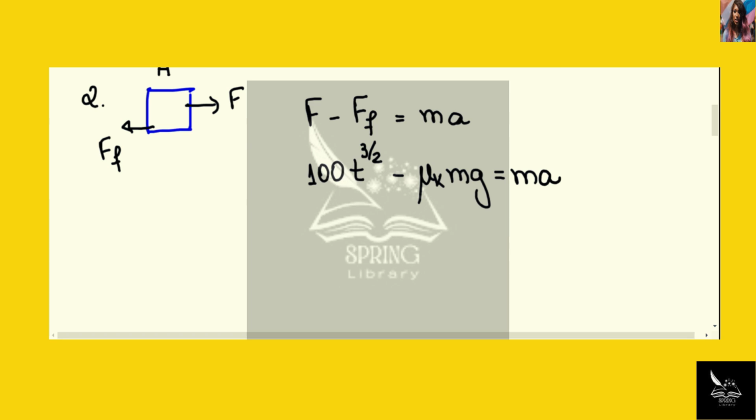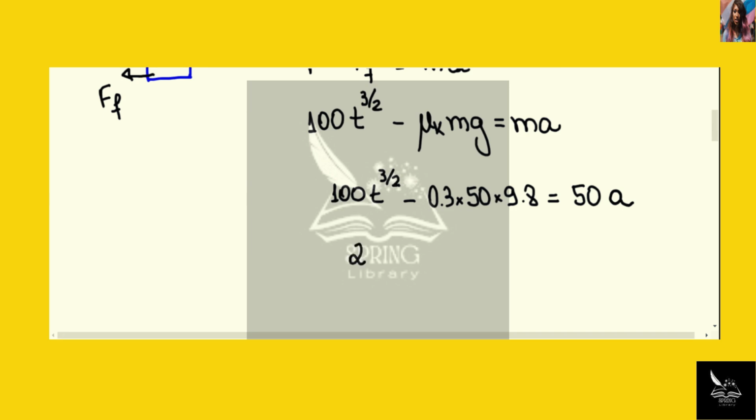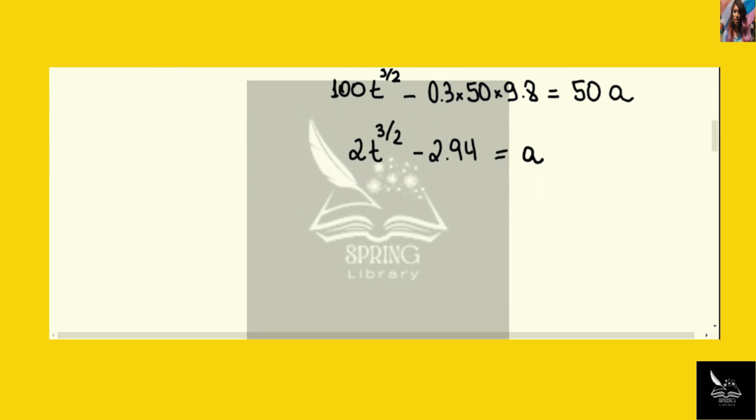So we have 100 t to the 3/2 minus mu K, which is 0.3, times 50 kilograms times 9.8 meters per second squared, and this is 50 times a. So we have 2 t to the 3/2 minus 2.94 is equal to the acceleration.